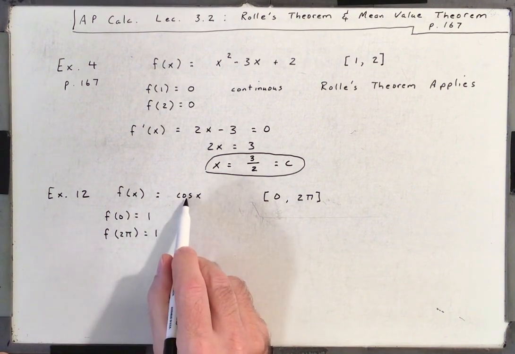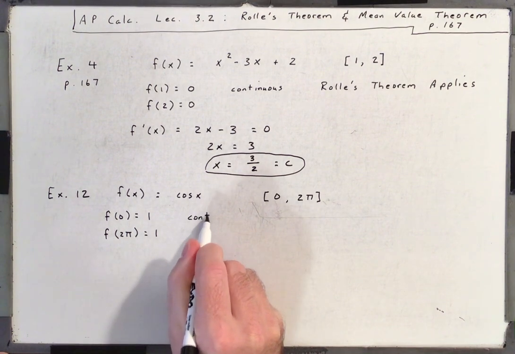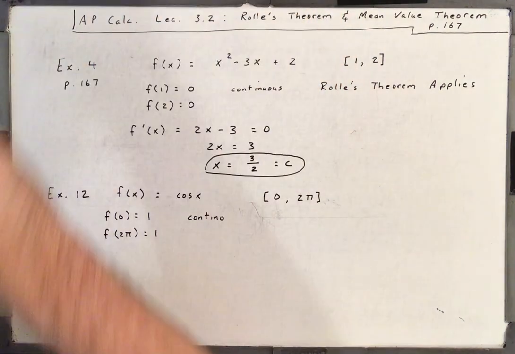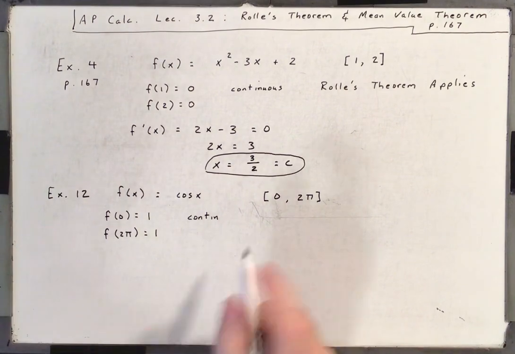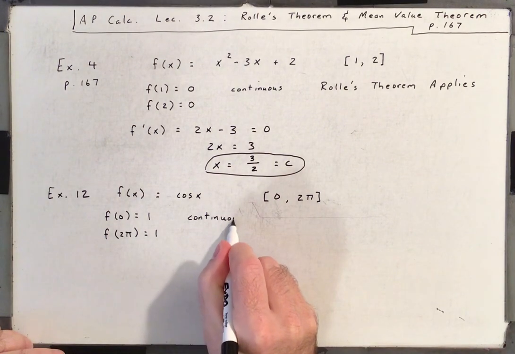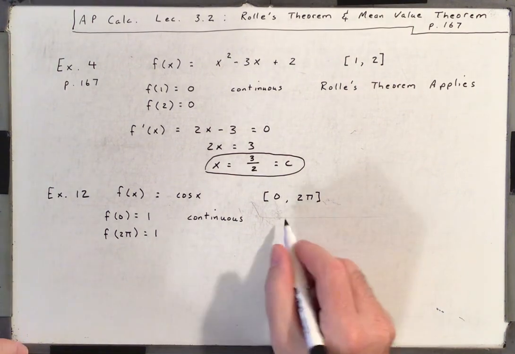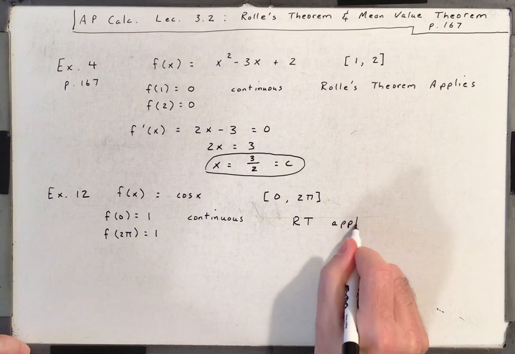And then the cosine wave, you know, that is continuous. There's no break in that. Okay, so Rolle's theorem applies.